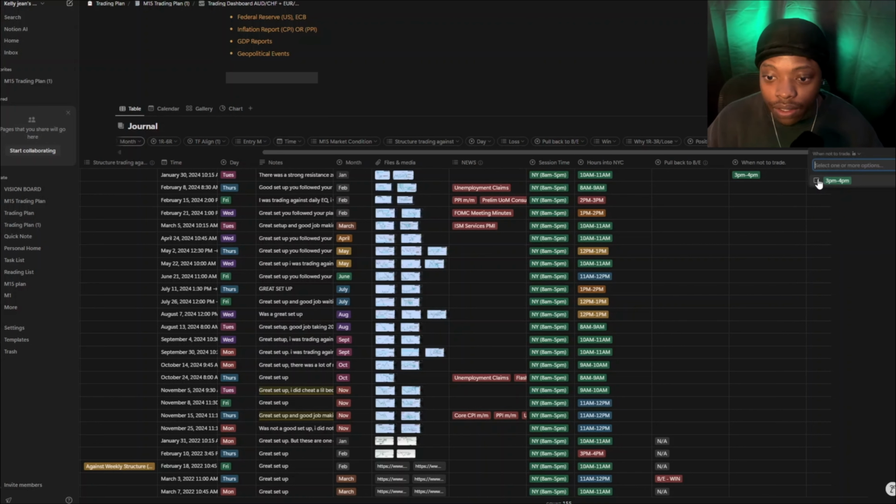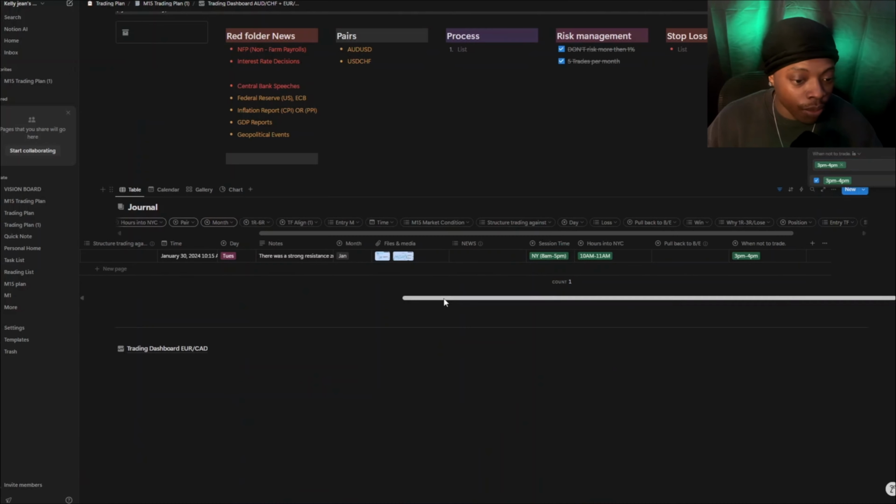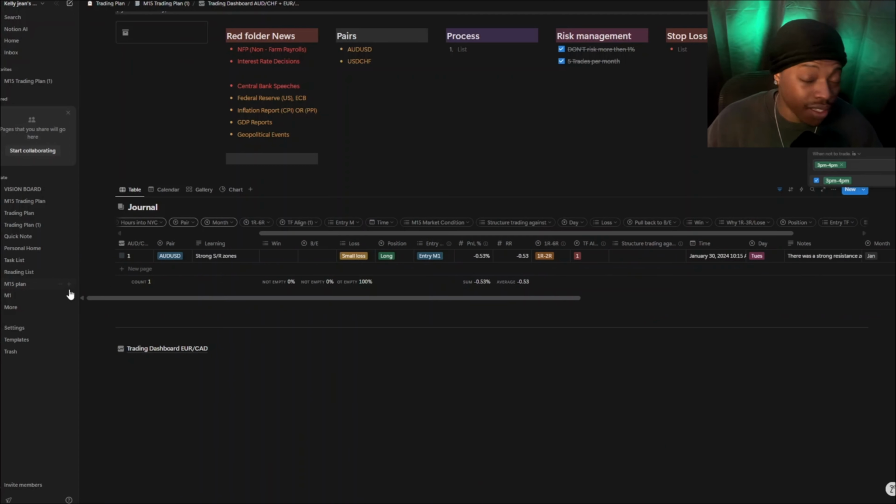And if this was all filled up, once I click this filter, I'll be able to see it right here. This is just a sample of how to use this journal.